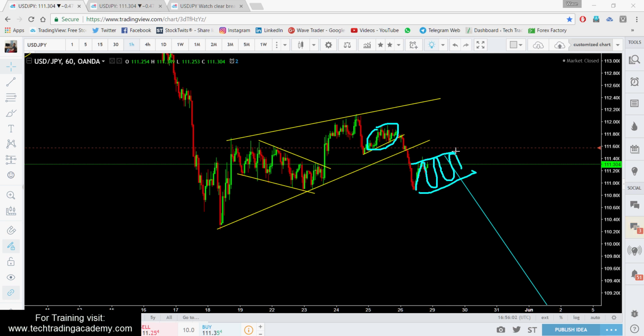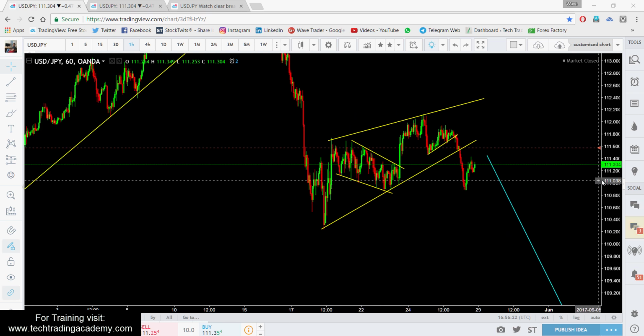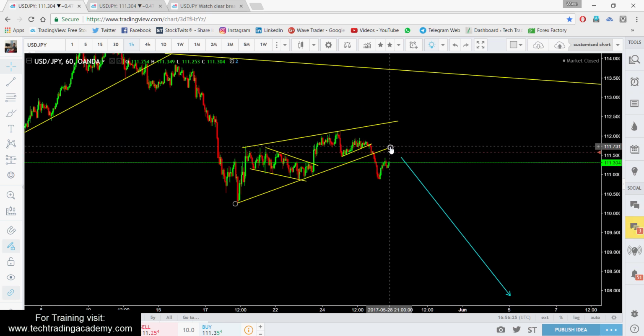If this pattern appears over there, those who are not in can get another chance here by putting their stop loss behind. They can get another sell chance at this area. So we're going to look for continuation, and of course we're going to pay attention at this area, either it is going to continue or going to form another pattern formation like this.